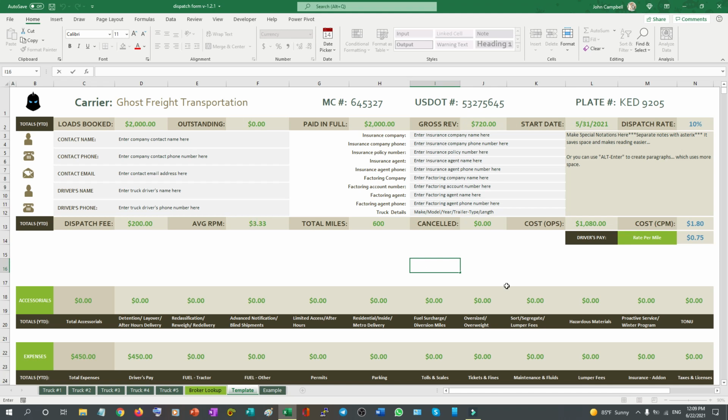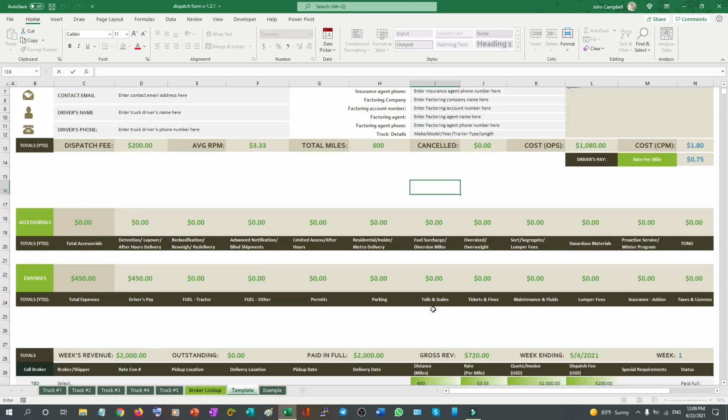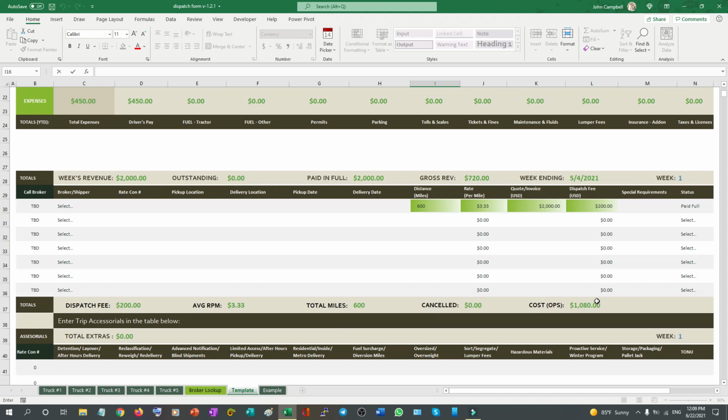So the average rate per mile is being calculated here in each week. For this week so far, the average rate per mile is $3.33. And if this was the case going right through the form, then we'd be looking at 52 weeks of averages.